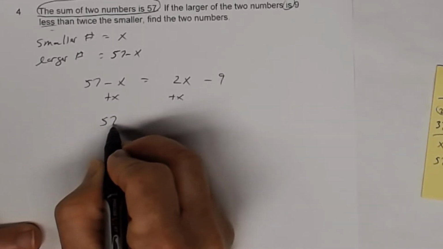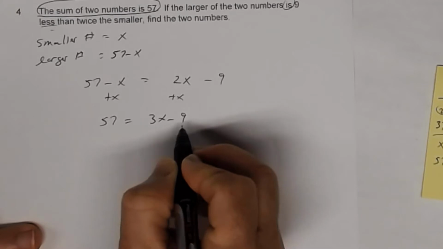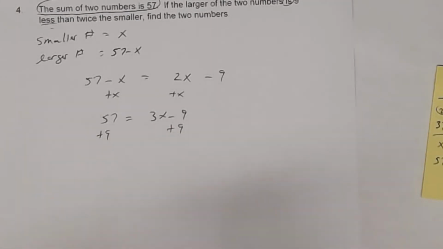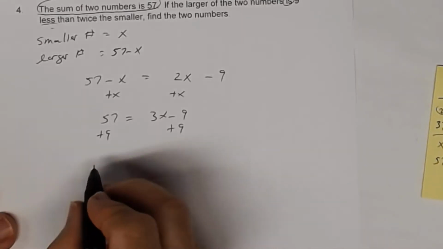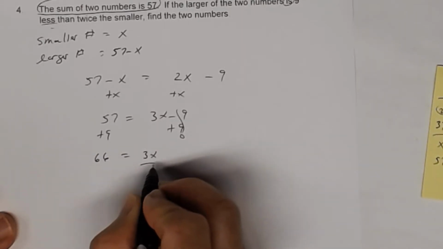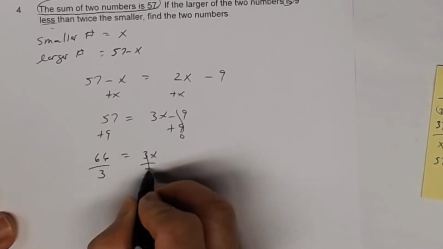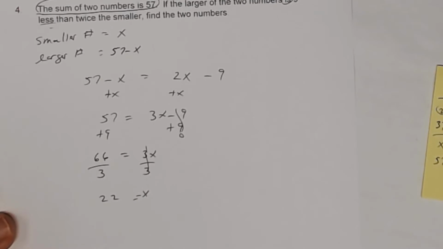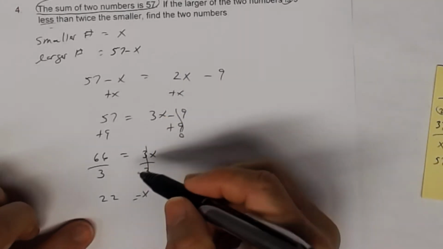All right, so let's go ahead and add x to both sides. I get 57 equals 3x minus 9. Adding 9 to both sides, 57 plus 9 is, what's that, 66? Equal 3x. Divide both sides by 3. I get x to be 22. All right, so x is 22. And so remember, make sure you answer the question.